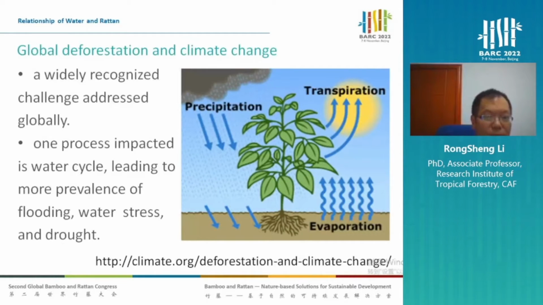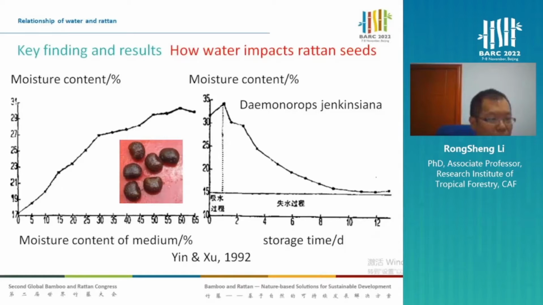As the two figures show, for seeds of Daemonorops jenkinsiana, moisture content decreased with time if they are stored with exposure to air at room temperature, or decreased with decreasing water content of the media. Moisture content is kept at 30% if they are stored in cocoa coir with moisture content at about 60%.